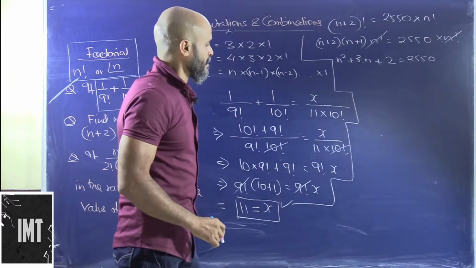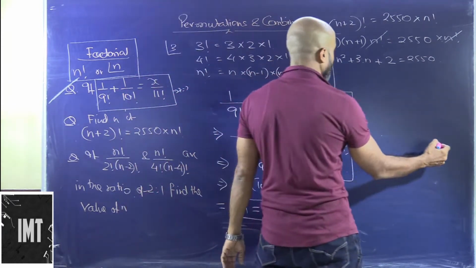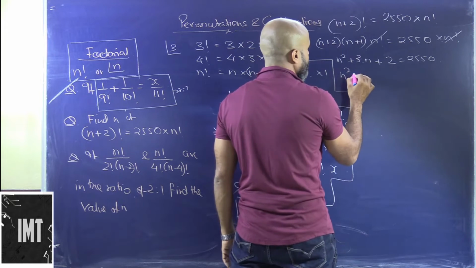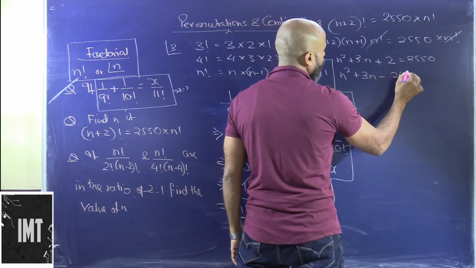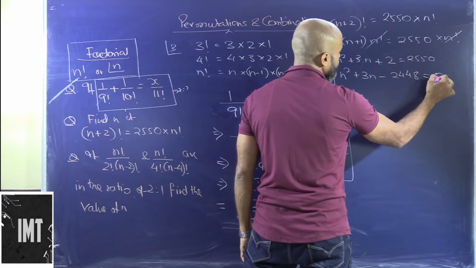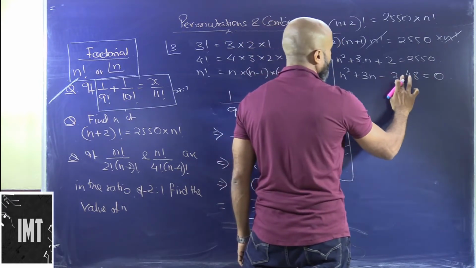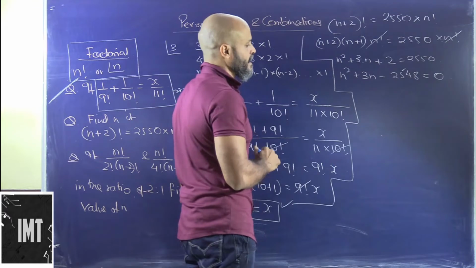So how to find out the factors? Now let's say we have here n square plus 3n minus 2548 is equal to 0.